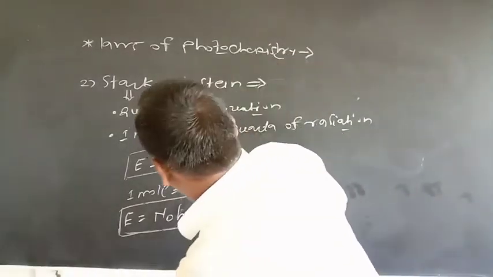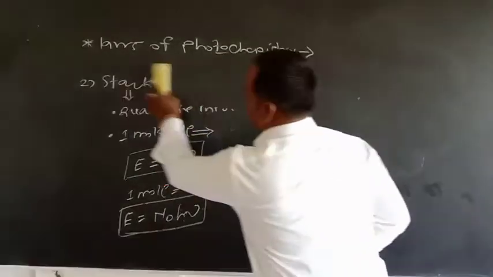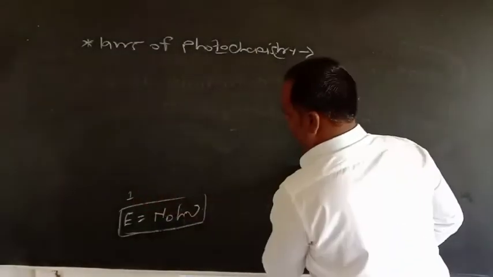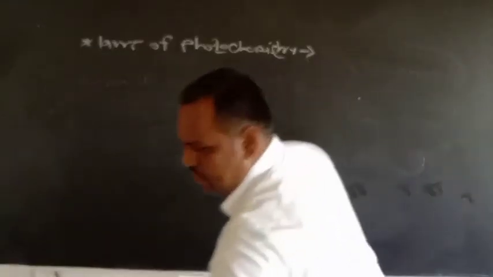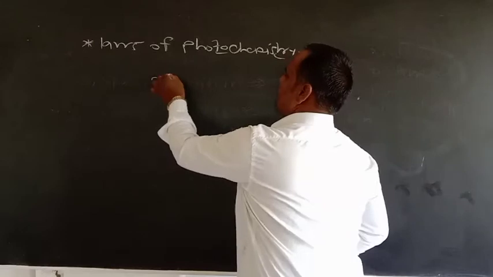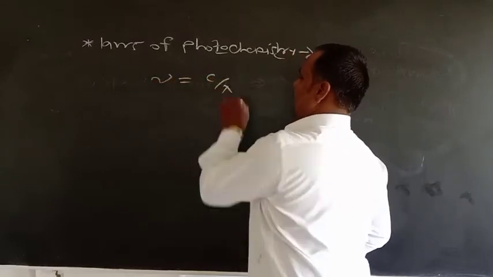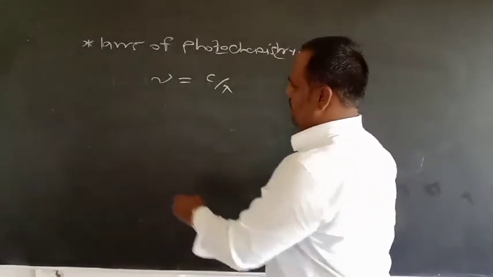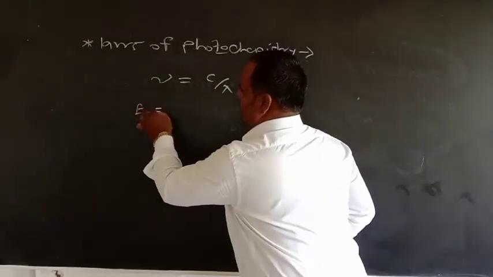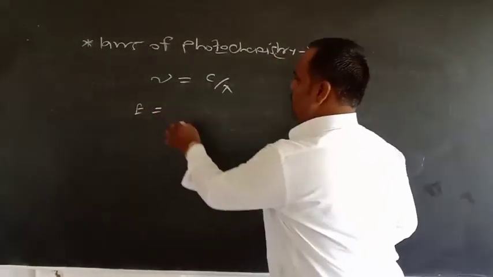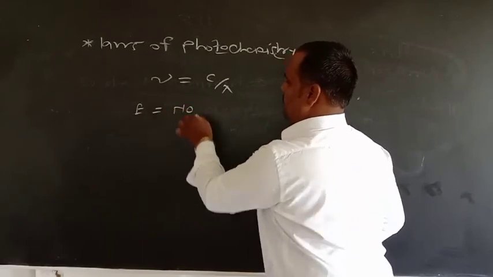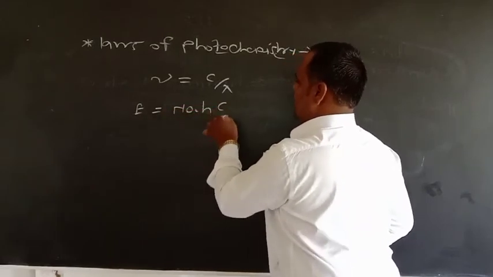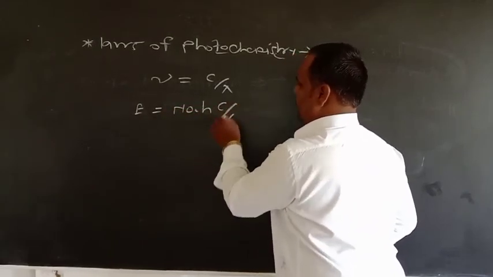We know that frequency is equal to c upon lambda, that is velocity of light divided by wavelength. Therefore the energy is equal to N0 h c upon lambda.